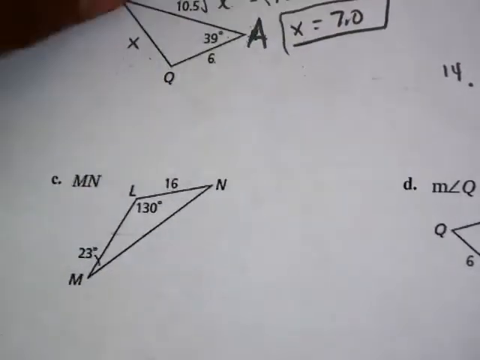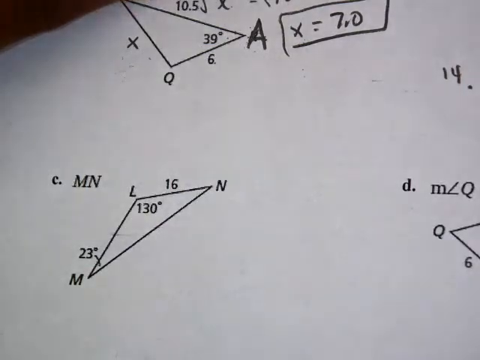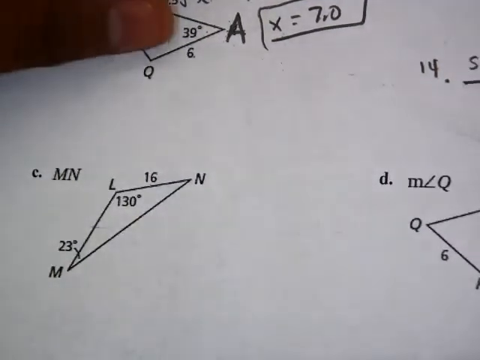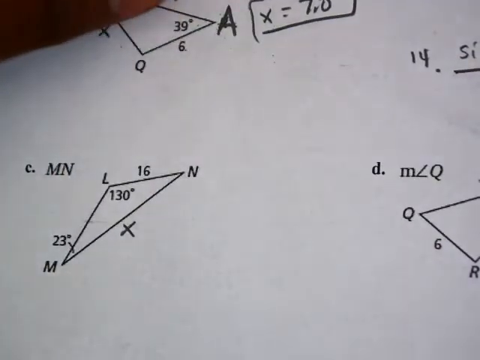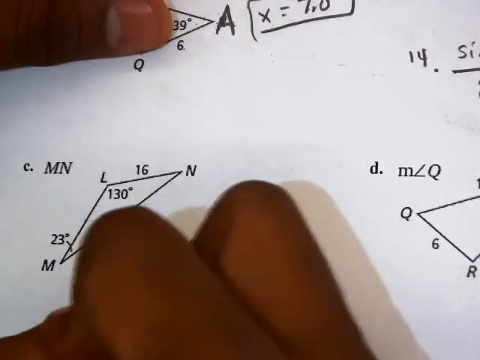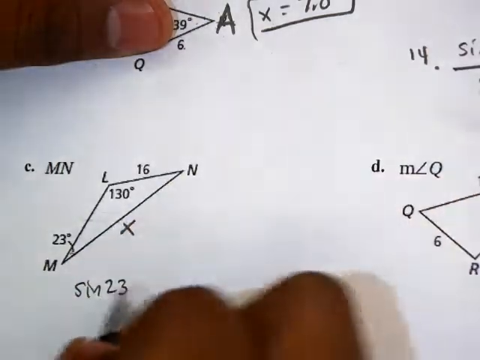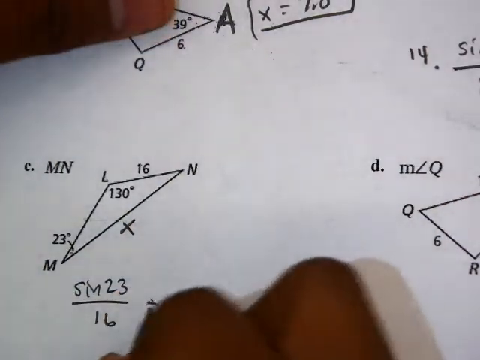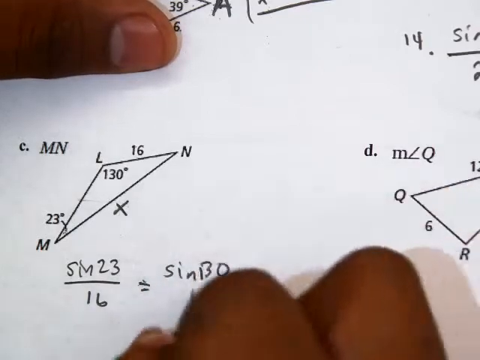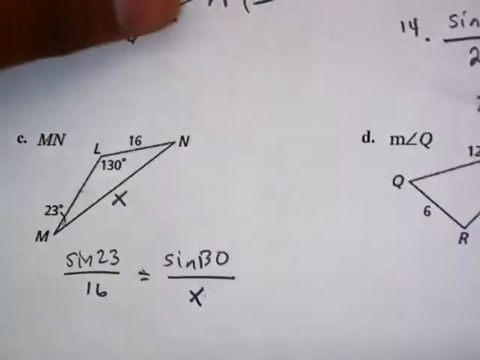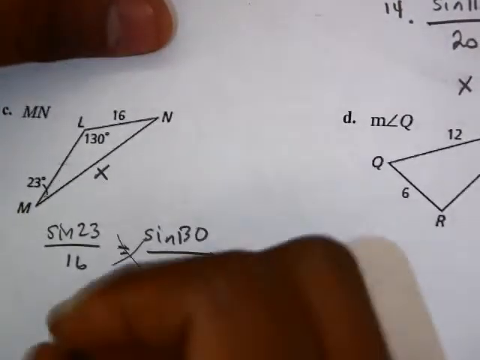For C, I don't have side, side, side. I don't have side, angle, side, so I'm going to use the law of sines again. MN is what I'm trying to find. Start with the sine of 23 degrees. The side that's opposite is 16. Should equal the sine of 130 over the side opposite, which is x. Cross multiply to solve this.